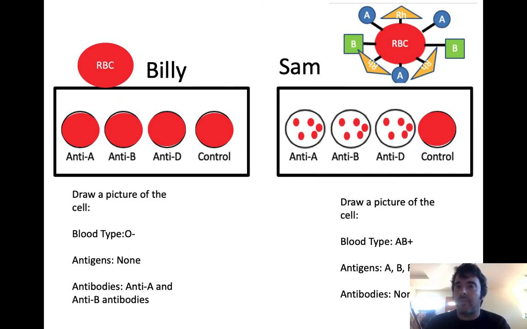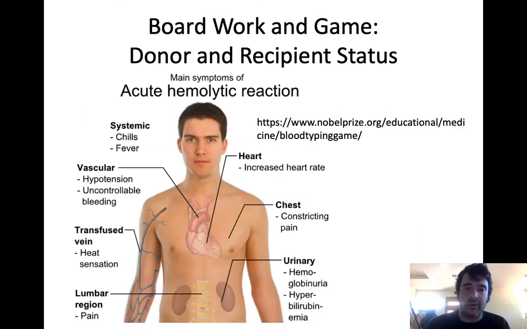So that's what you're looking at with donor and recipient status. You always look at the donor antigens and the recipient antibodies. O neg is the universal donor because there are no antigens. AB positive is the universal recipient because there are no antibodies. What would you rather be? Probably AB positive because we're all a bunch of selfish jerks.